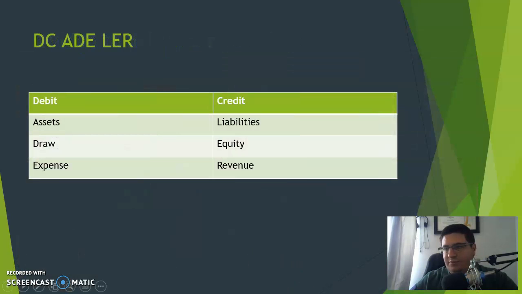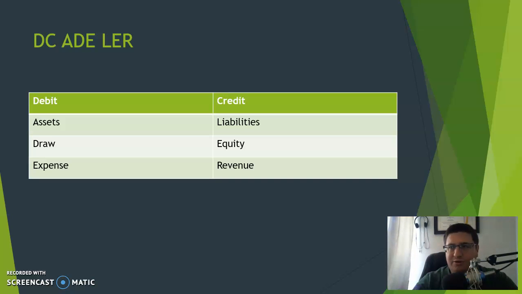Now, something I learned from a CPA, DC Adler, and this really helped. Now on the debit and credit side. This isn't a full description of each account, but usually these are kind of fixed.